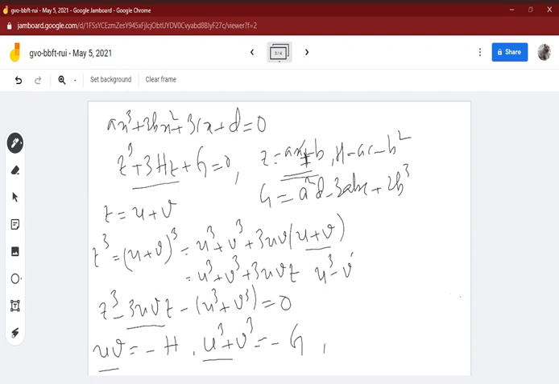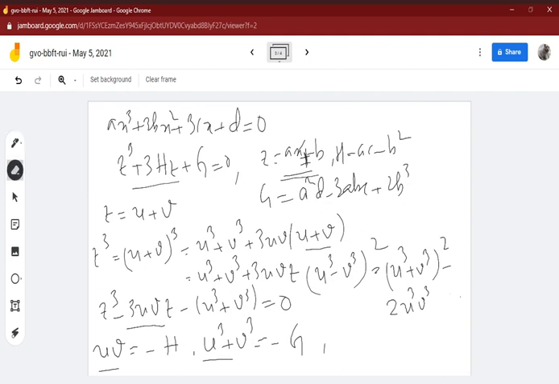u cube minus v cube whole square. What is u cube minus v cube whole square? I think from here we can find u cube minus v cube. So this is nothing but a plus b whole square minus 2ab. a minus b whole square is nothing but a square plus b square minus 2ab.